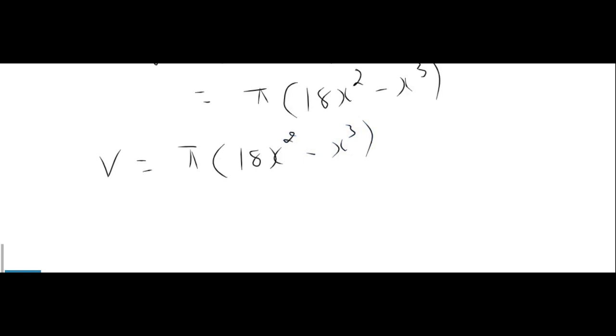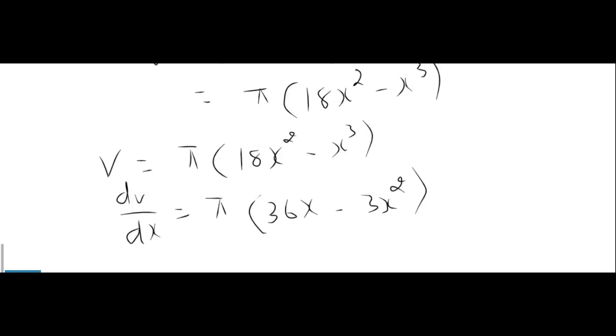To find out the maximum value, we need to differentiate with respect to x on both sides. So dv by dx is equal to pi into 36x minus 3x squared. When the volume is maximum, dv by dx is 0.